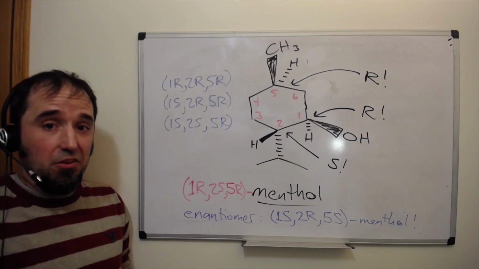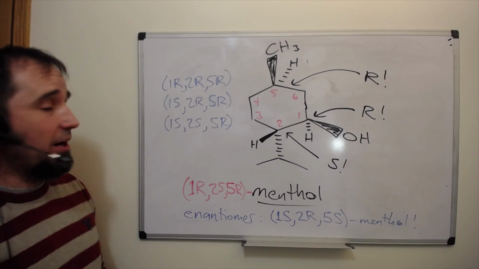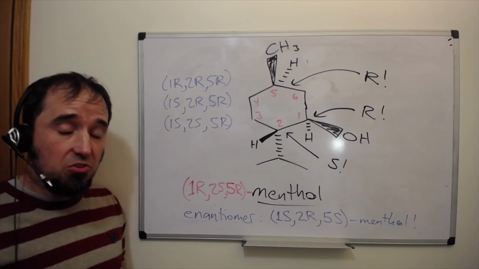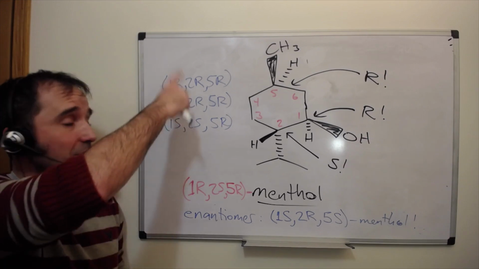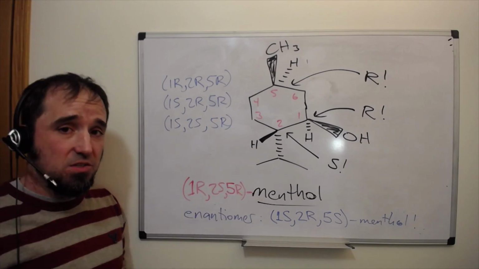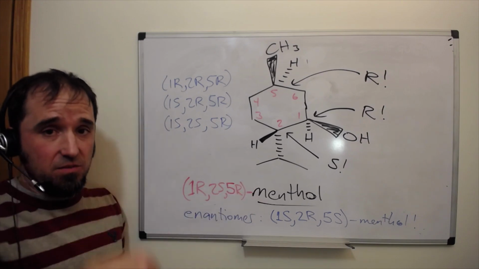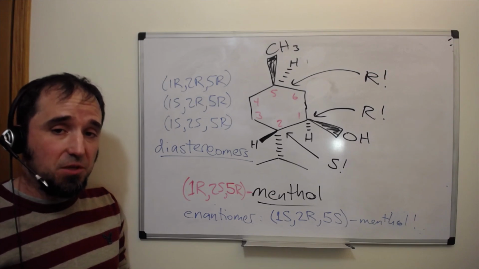What if I have some other combination that's not just flipping everything, right? So what if I change 1 or 2 of the stereocenters, but not all of them? These combinations would be diastereomers of the original menthol and diastereomers of each other. All right? Remember, diastereomers are not simply mirror images.